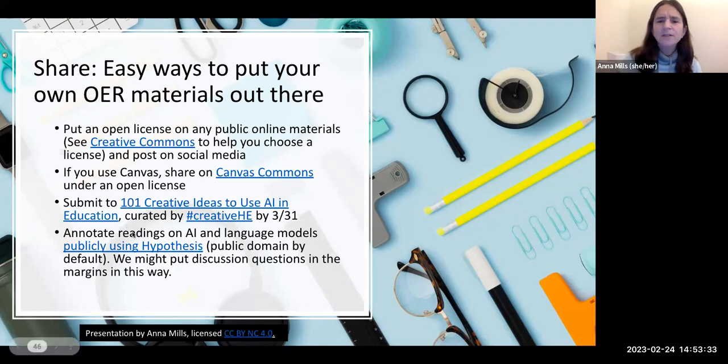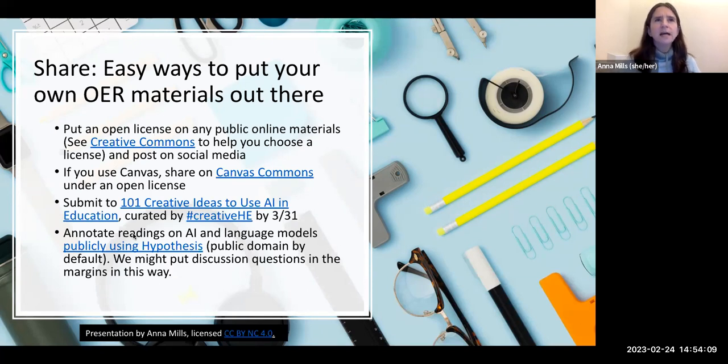And the other thing I would suggest that's really easy is, I don't know if you've used the tool Hypothesis for annotating, for writing comments in the margins of web pages or PDFs. It's a lot like Google Docs comments, but you can do it on any web page and you can do it publicly. It defaults to an open license, a CC0 license. So it can be another way to share reactions to readings, discussion questions, and Perusall is another tool for that.